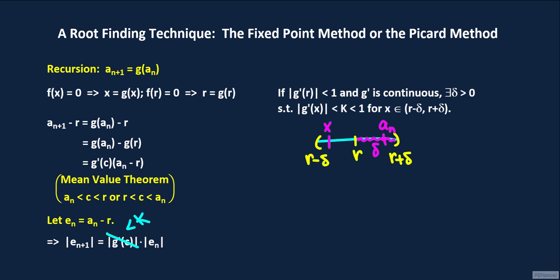And so the absolute value of e sub n plus 1 is less than or equal to k times the absolute value of e sub n. Therefore, we should be able to compare the sequence of the absolute values of the e sub n's to a geometric sequence.